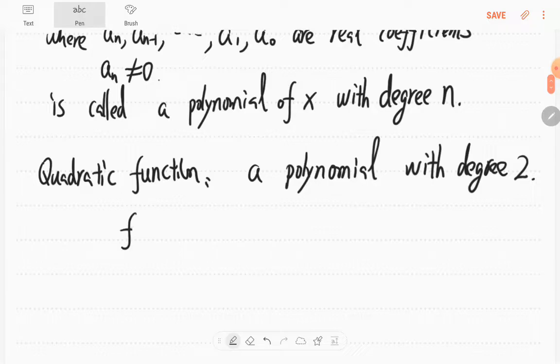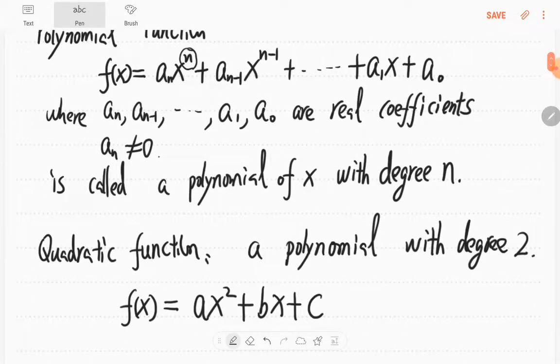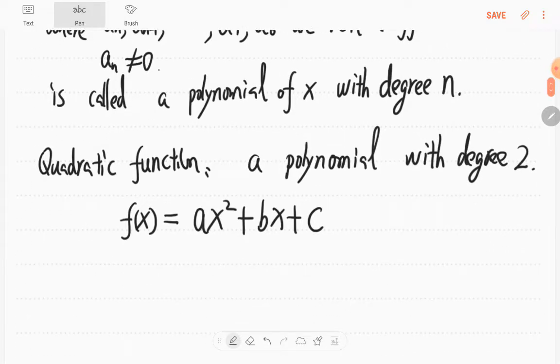So this one can be written as f of x equals ax squared plus bx plus c, right? So here a_n is a, and then there is b, then this is the constant c. So here a, b, c are real constants, and a is not 0. Otherwise, it would be a linear function, right?